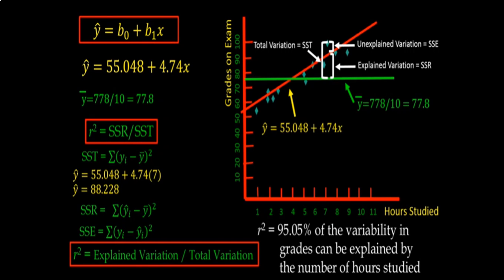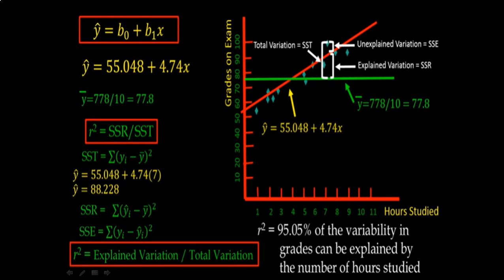We can finally make a summary of all of the problem, which is y hat equal to b naught plus b1 x. It is the estimated regression line.